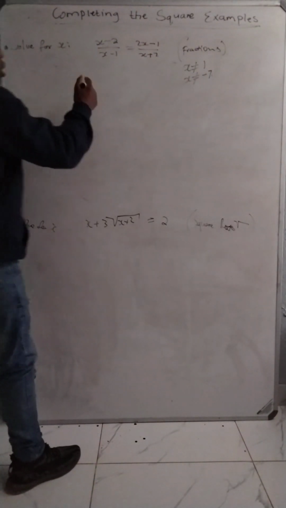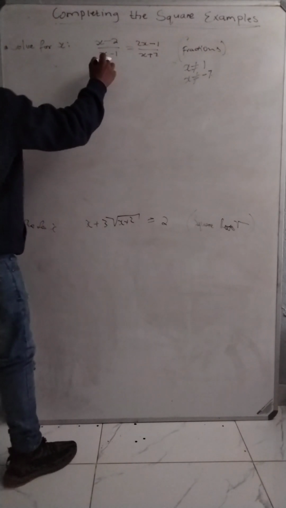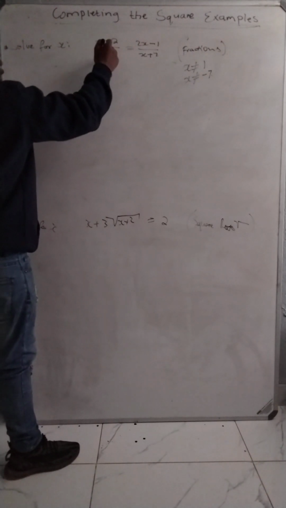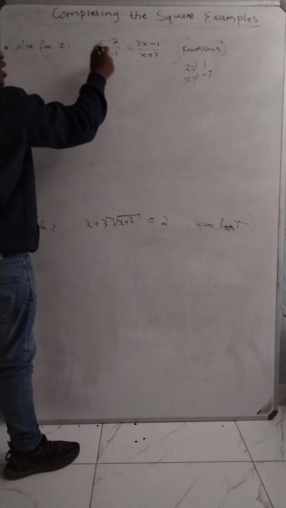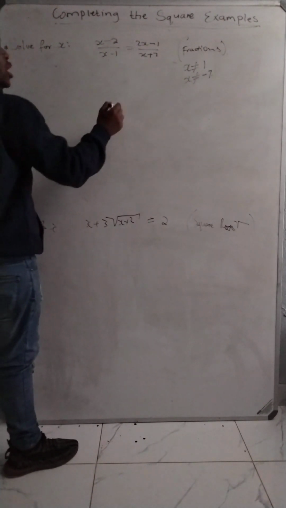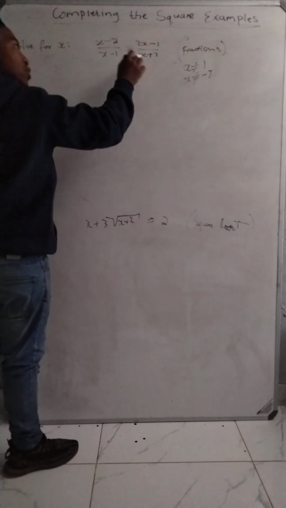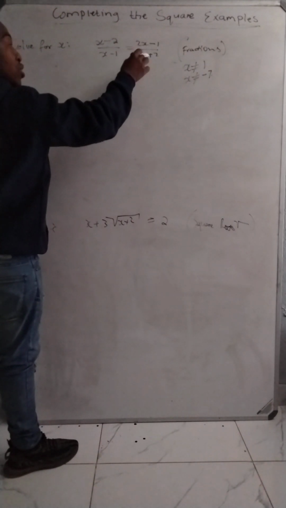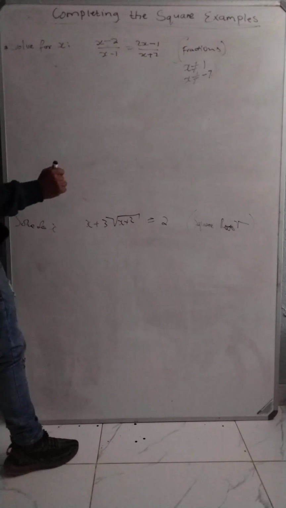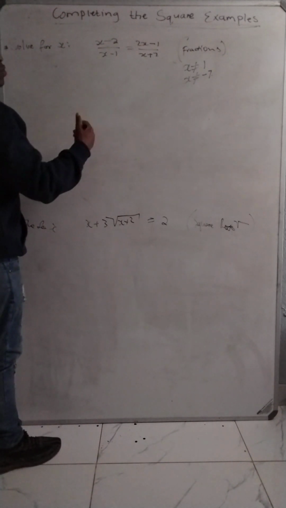If you multiply this side by x minus 1, it will cancel this. But what you do on the left, you must also do on the right. And if you multiply this expression by x plus 7, it will remove the denominator. But what you do this side, you must do that side. So you can just go ahead and multiply by both.